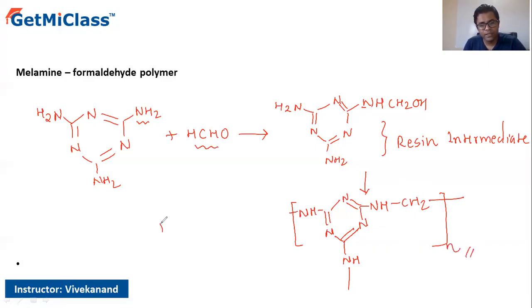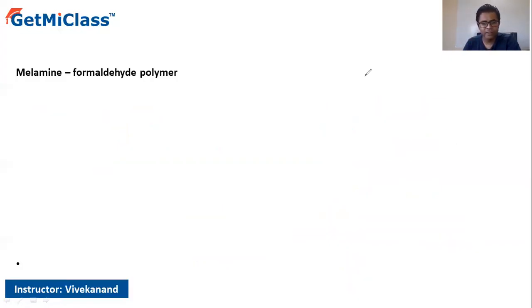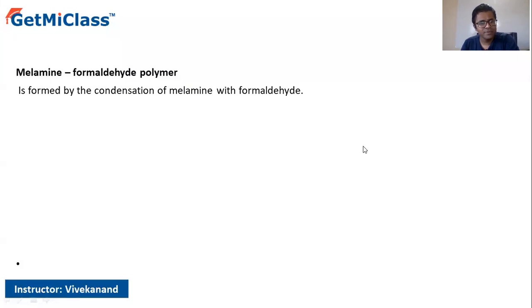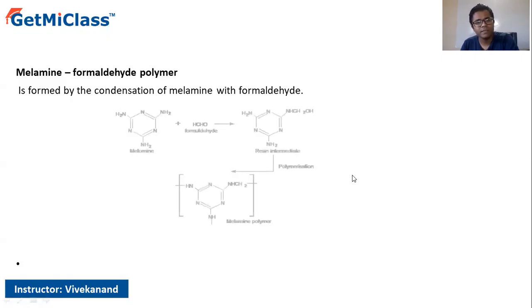Okay, so this is called a melamine polymer. Now this particular melamine polymer is usually used in preparation of the unbreakable crockeries such as cooking utensils, like cups, vessels, and all. So it is formed by the condensation of the melamine with formaldehyde.